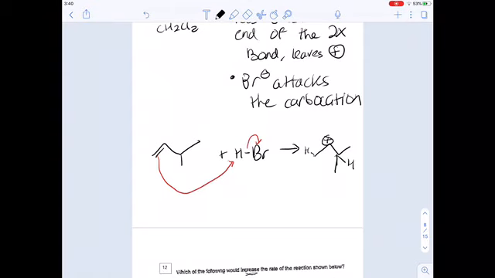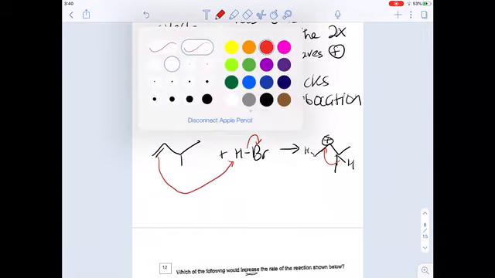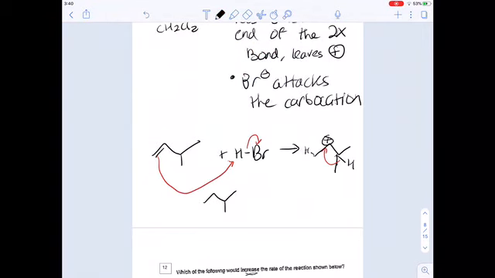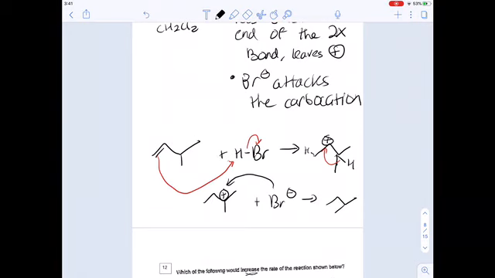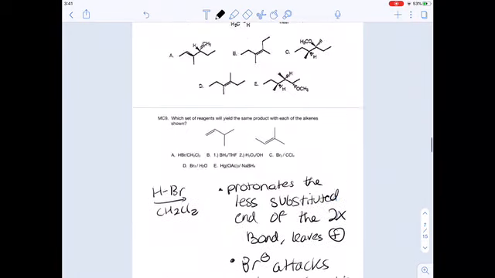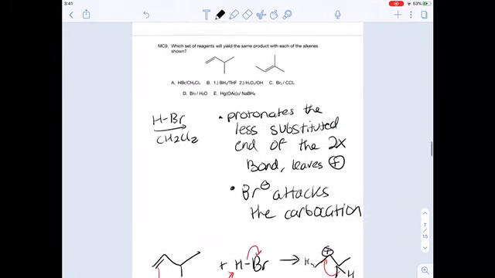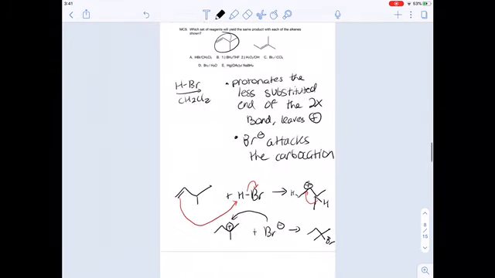So you're going to have a hydride shift from here over. So now the more substituted carbocation is made, and the Br is going to attack there, giving you this product. That is the product that HBr makes when it attacks the first alkene.